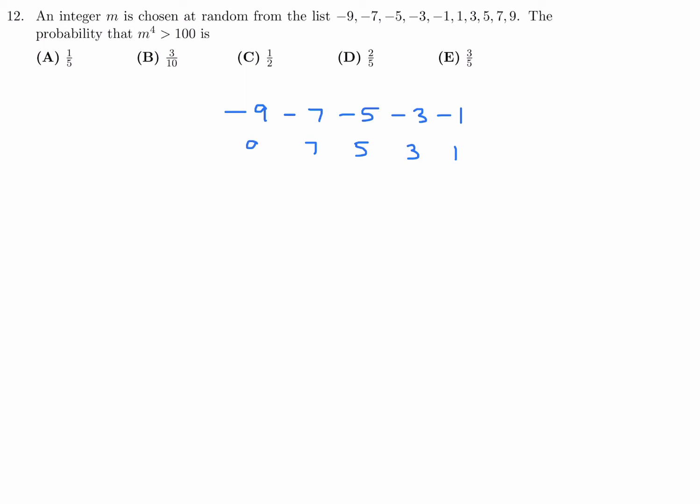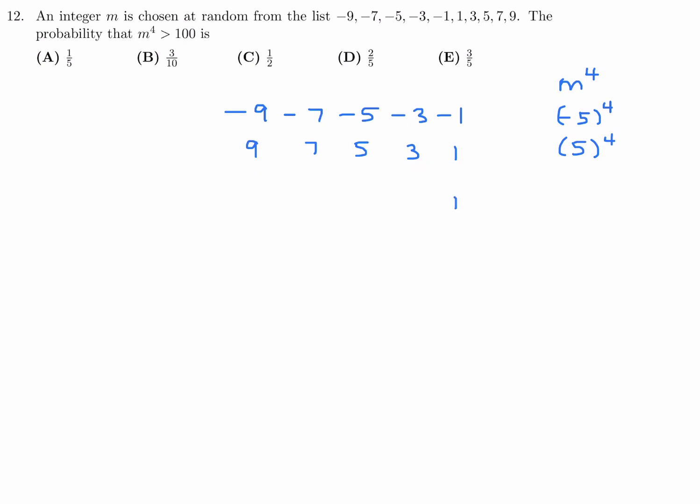So when you take any of these integers to the fourth power, the result will be the same. M to the fourth will be the same whether you have negative 5 to the fourth or 5 to the fourth. Okay? So all we really need to do is just concentrate on one of these pairs, either the positive or negative, and the result will be the same for the other guy.